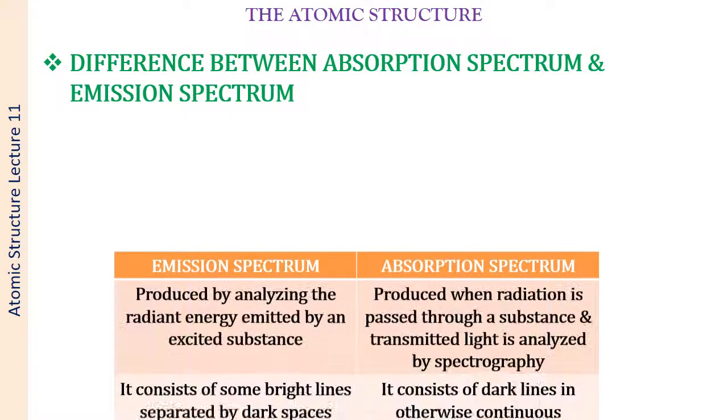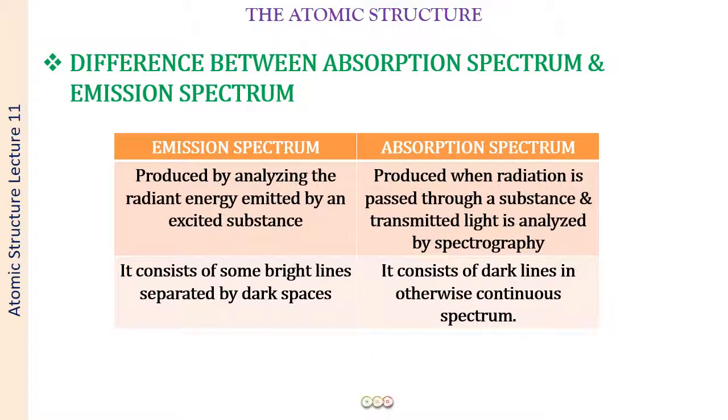And how do we differentiate between the absorption spectrum and the emission spectrum? I hope you can appreciate it, but quickly explaining it once again, the emission spectrum is produced by analyzing the radiant energy emitted by an excited substance, whereas the absorption spectrum is produced when radiation is passed through a substance and the transmitted light is analyzed by spectroscopy.